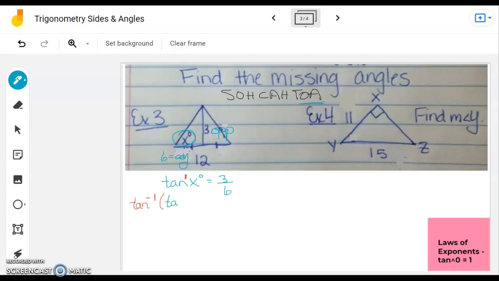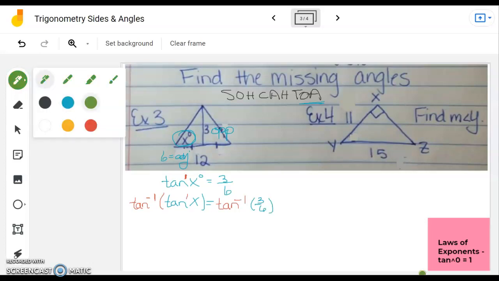Of the tangent, remember that one's to the first power. And of course, whatever we do on one side, we have to do on the other. So I have to take the inverse tangent of the 3/6. Okay, so now what happens is I'm going to take these exponents.